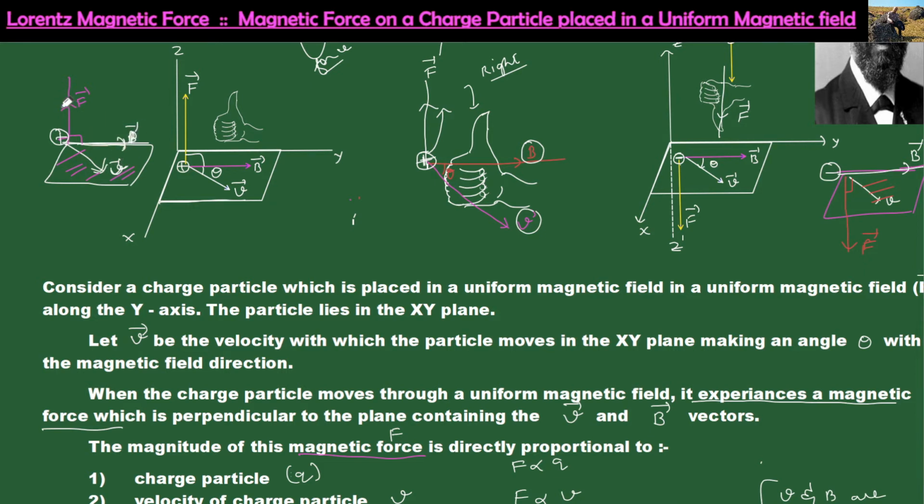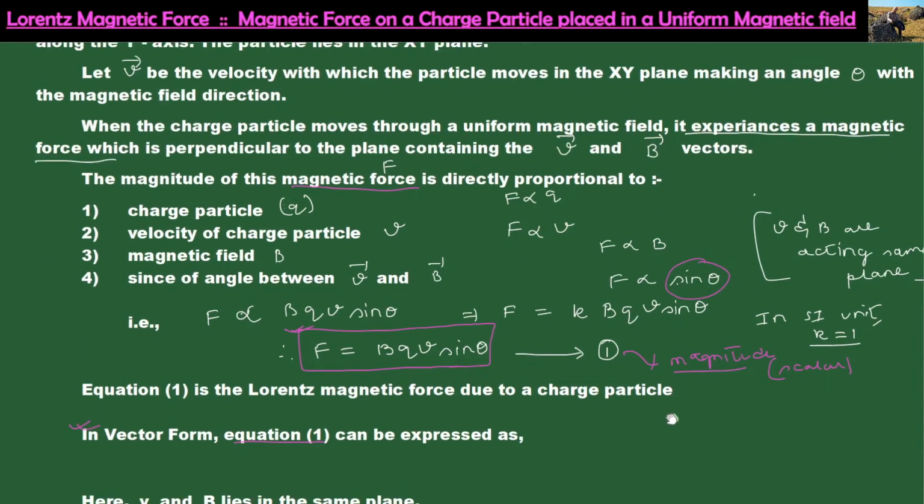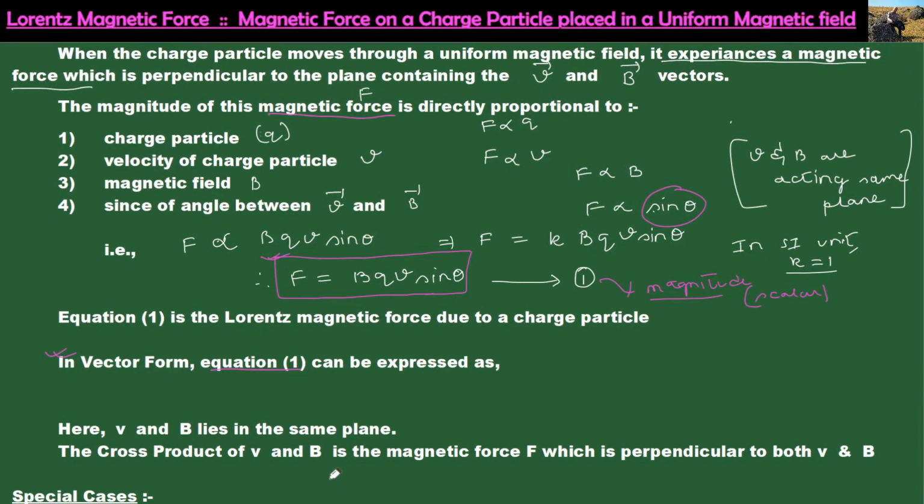So the magnetic force is in the plane perpendicular to v and B, so it is the cross product of the velocity and the magnetic field vector. So equation 1 can be written in this form: F bar. The moment we introduce the cross product, this q is a scalar, so I can take it outside.